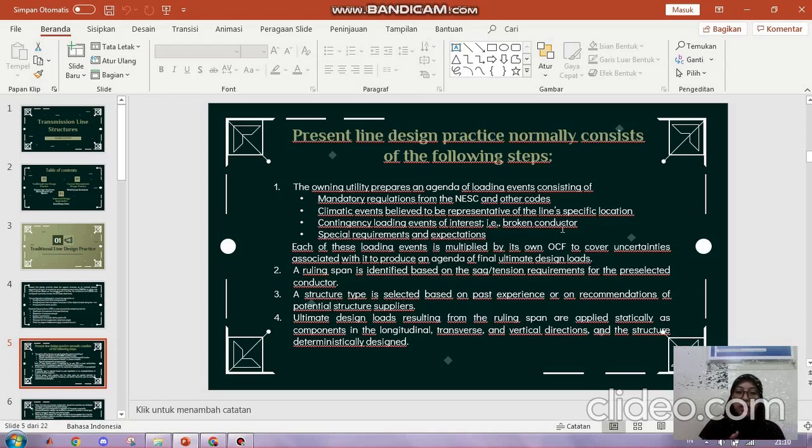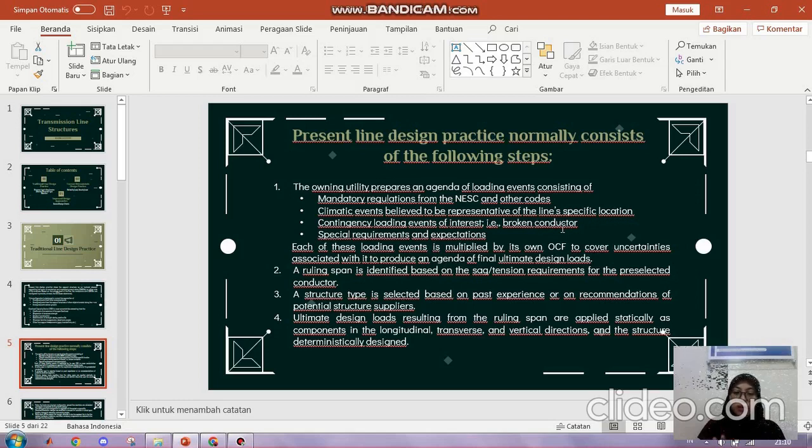Number two, the ruling span is identified based on the sag or tension requirements for the preselected conductor. And number three, the structure type is selected based on past experience or recommendations of potential structure suppliers.